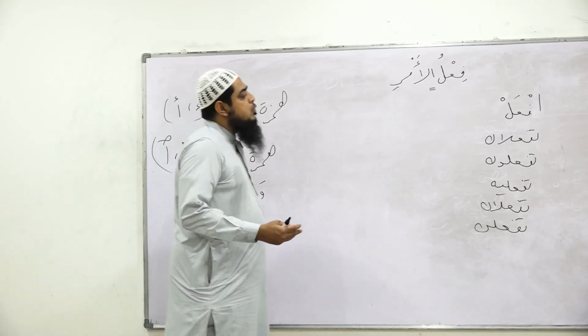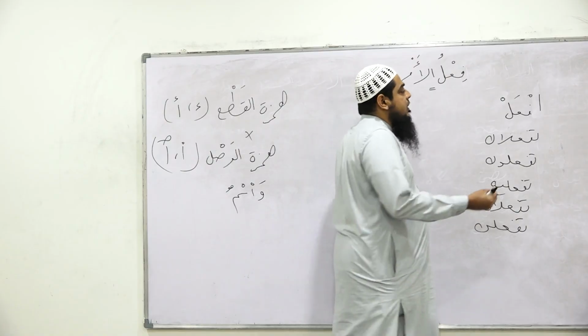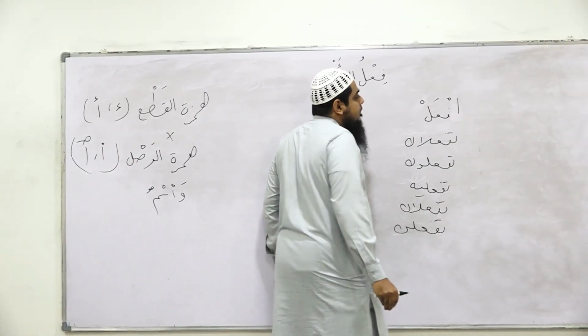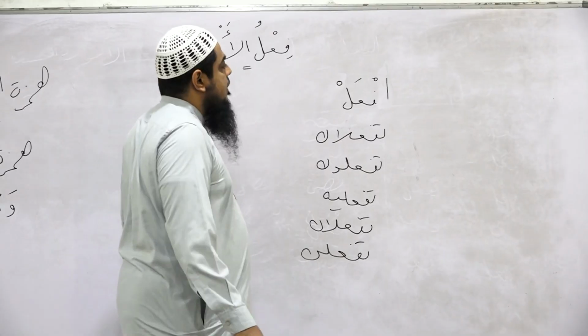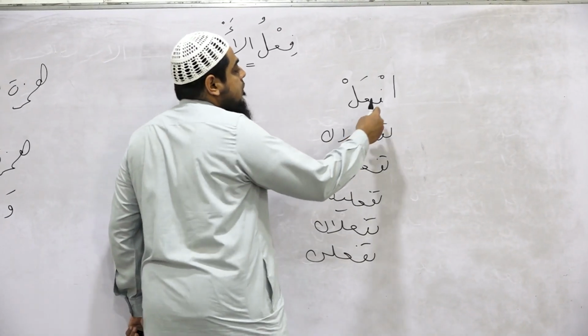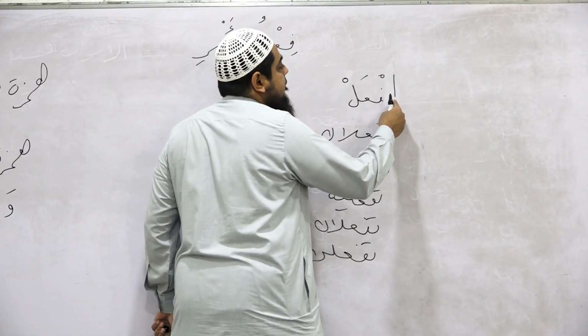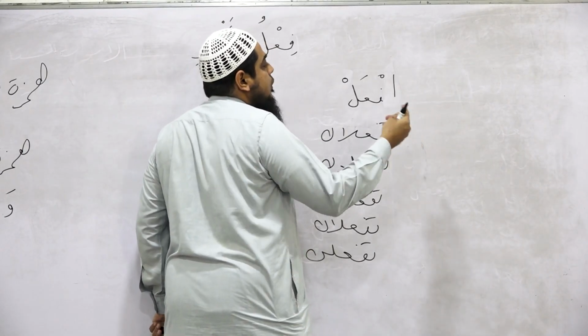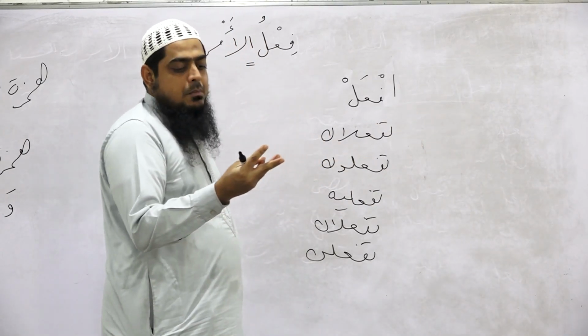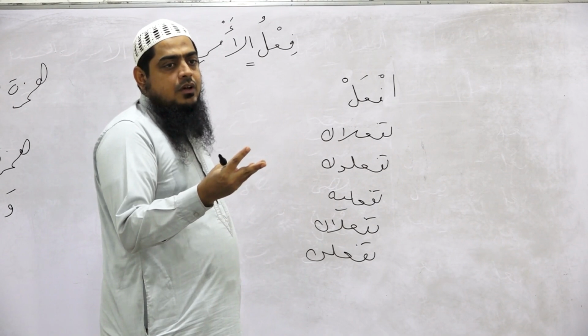So what you do, you bring Hamzatul Wasl here, in order to pronounce fa. Now, what harakat you will give here? This is Hamzatul Wasl. What harakat you will give? You have three. You have dhamma, you have fatha, you have kasra.